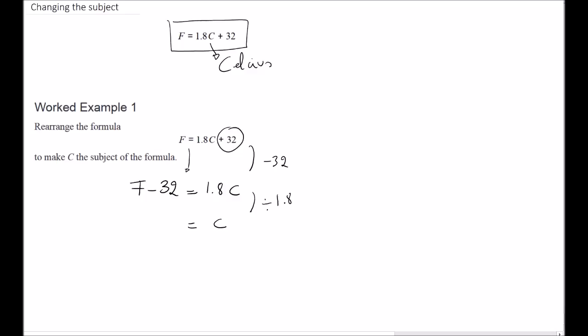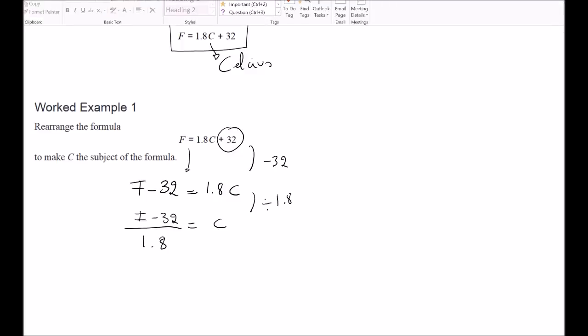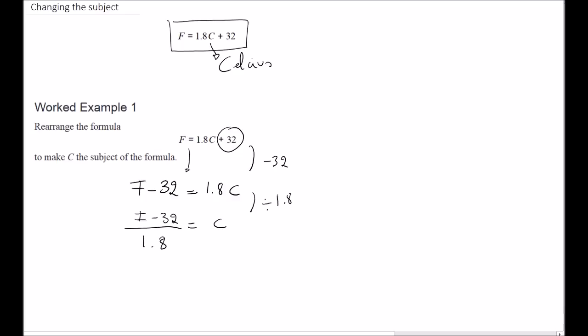And what's left on my right side is going to be C. And I have to divide everything on the left as well. So again, everything, not just 32. No, everything divided by 1.8. And here it is. I have my C, or my C is going to be the subject of my formula. So now I just have to fill in my degrees in Fahrenheit here, minus 32, and divide by 1.8, and I get my degrees in Celsius. So I rearranged it. Done.